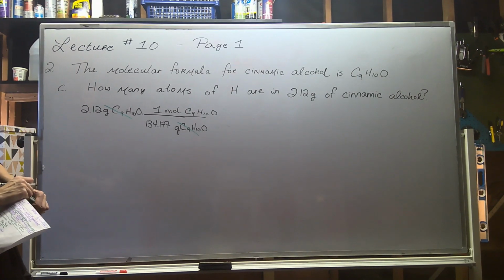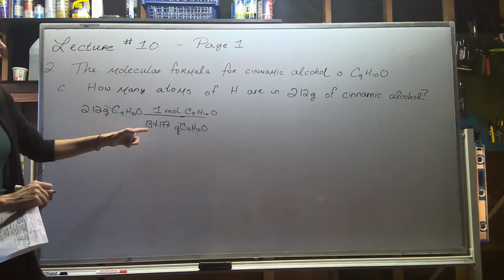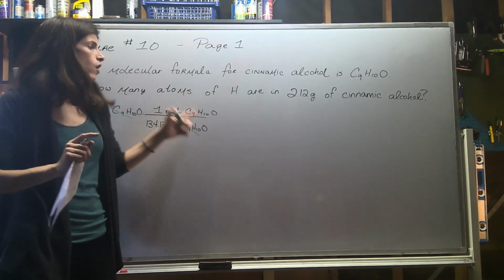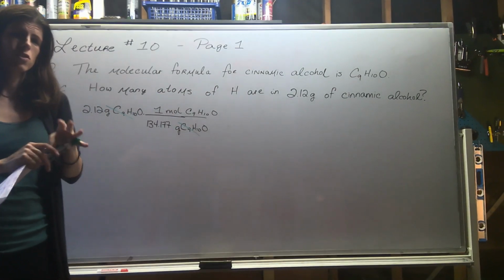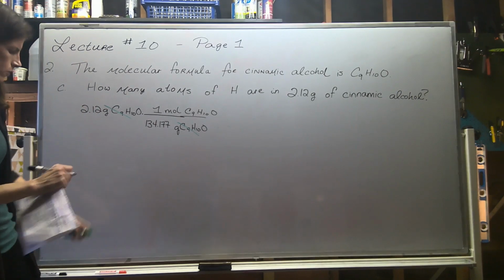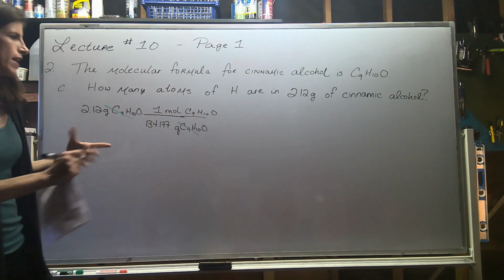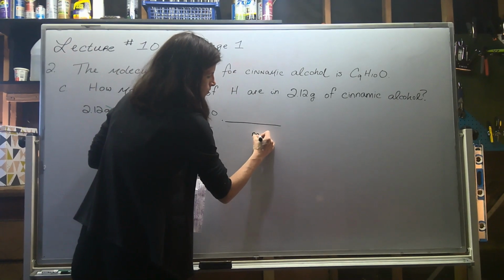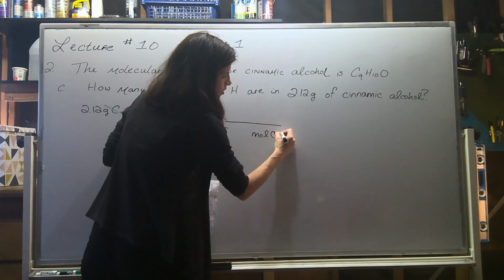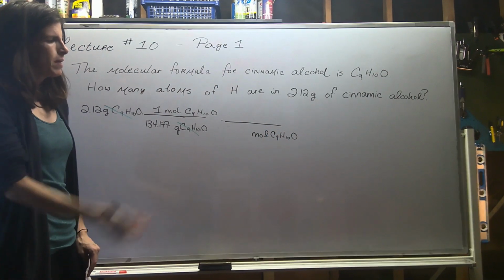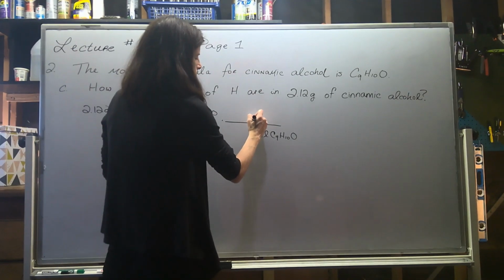Now, I'm thinking about this, and they don't want to know about the cinnamonic alcohol. They don't want to know about C9H10O as a whole. They just want us to figure out how many hydrogen atoms individually. So it would be great if I could get rid of moles of C9H10O and maybe go to moles of hydrogen.